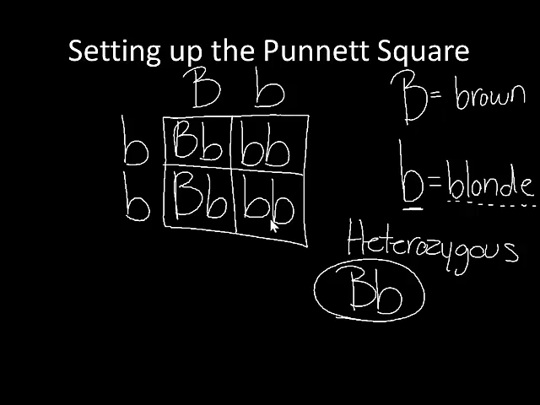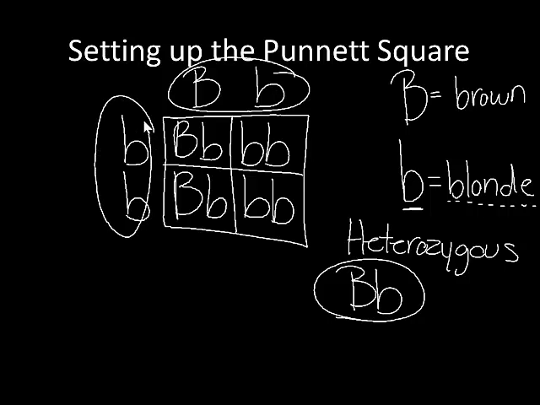Now after that, you're going to want to be able to interpret it. So we've already done the first two steps. We've set it up by putting our parents' genotypes at the top and at the left, and then we've completed it by bringing one allele down, which is this capital B, and bringing one allele over.